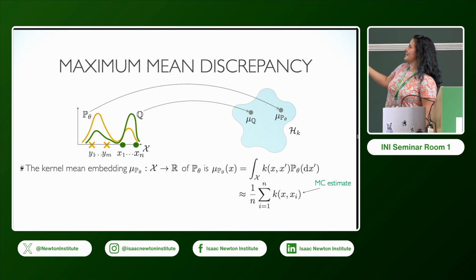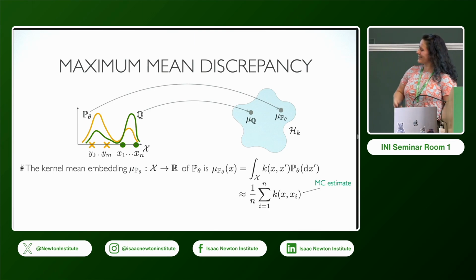A default way could be to compute a Monte Carlo estimate, which is just an equally weighted sum of the kernel evaluations, where x_i are coming from p theta.